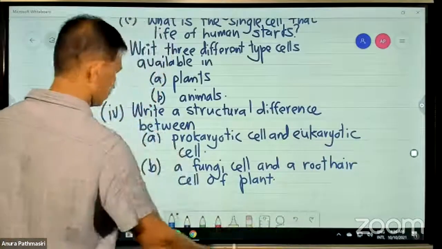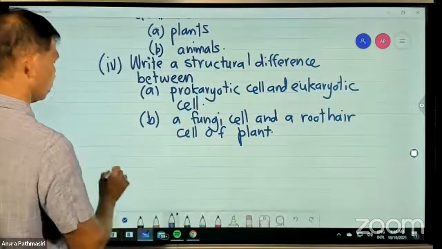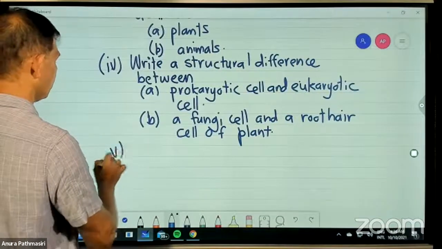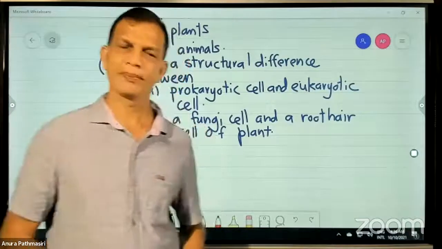And my fifth question. You might feel at the start that the question might be easy when you think of cellular organization.